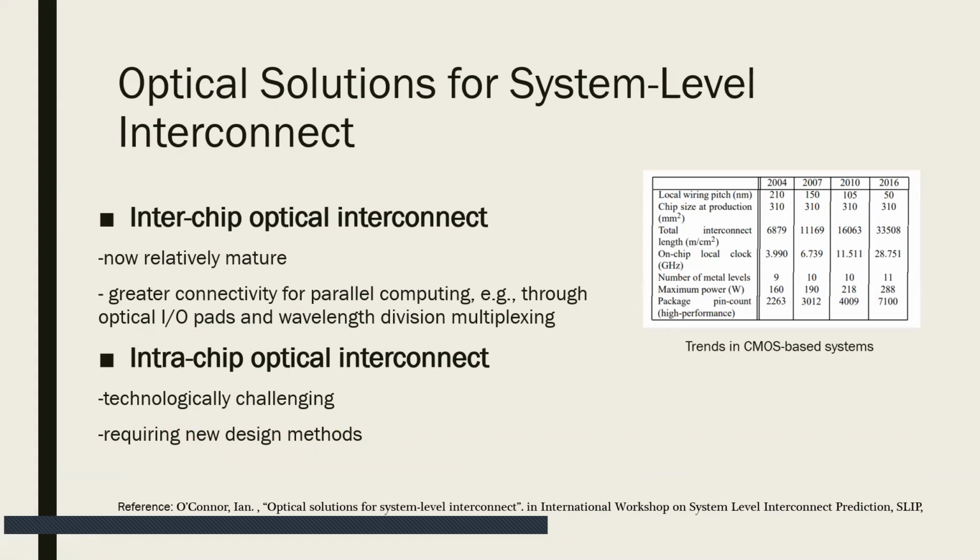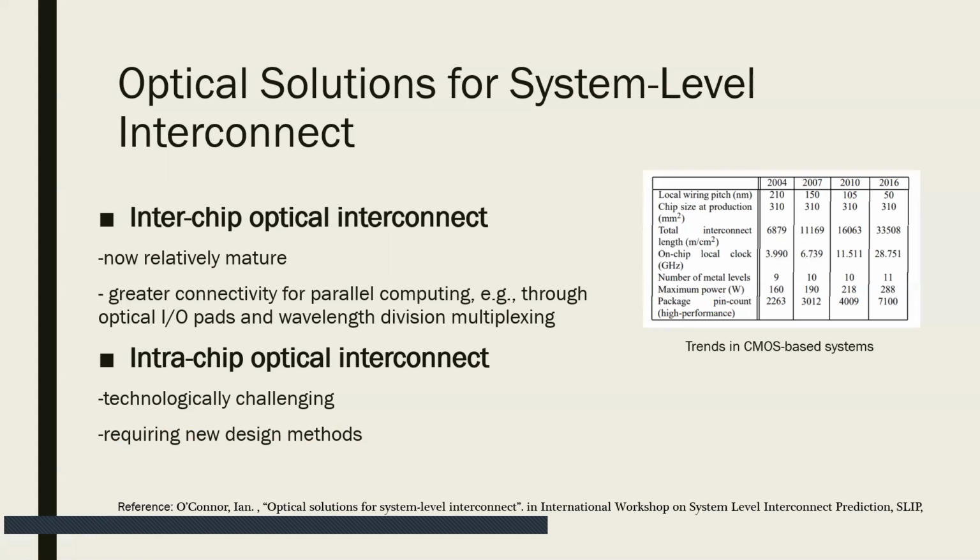From the table to the right, we'll observe the trends in CMOS-based systems that the local wiring pitch are going down, the chip size is maintained at a constant level, and then total interconnect length goes up almost exponentially, so faster than linear fashion.